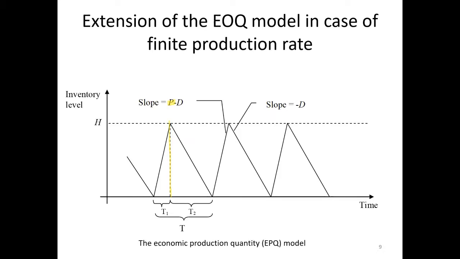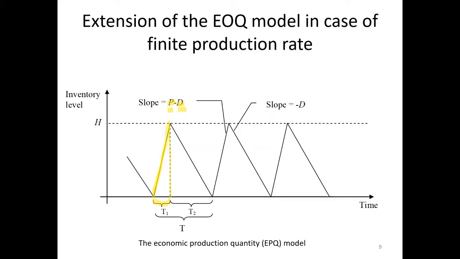At the same time as you replenish the inventory, you also withdraw some quantities from inventory at the demand rate, capital D. So it's like you have a double effect here. During the period denoted as T1, you have a straight line that represents the situation in which you add to the inventory at the rate P and subtract from the inventory at the rate D. That's why this inclined straight line has a slope equal to the difference between P and D.